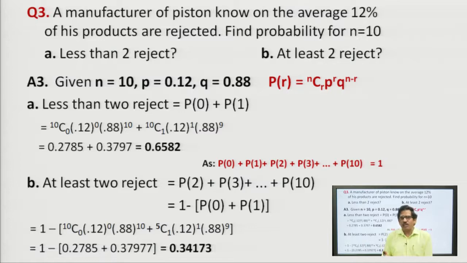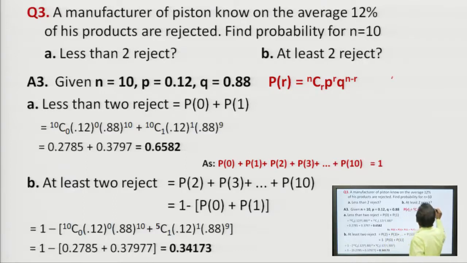In a sample size of this particular manufacturing unit, he is supplying product in batches of 10 products. Now, first of all, the probability of his product being rejected is 12%.